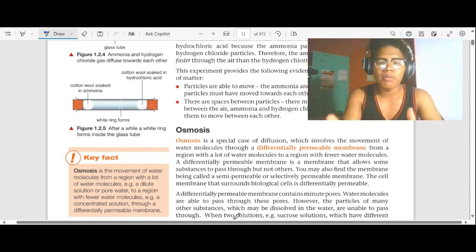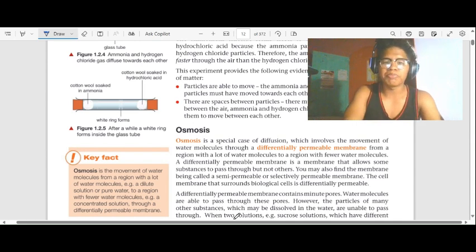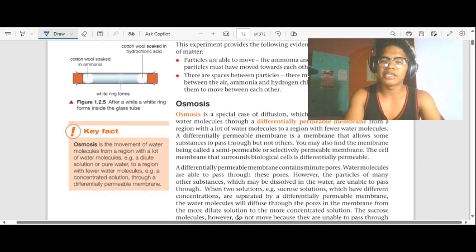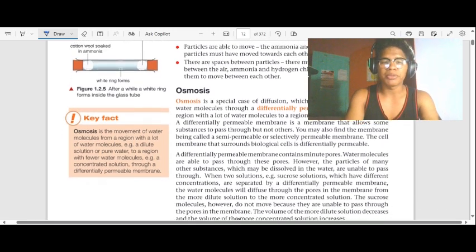A differentially permeable membrane is a membrane that allows some substances to pass through but not others. You may also find the membranes being called semi-permeable or selectively permeable membranes. The cell membrane that surrounds biological cells is differentially permeable.